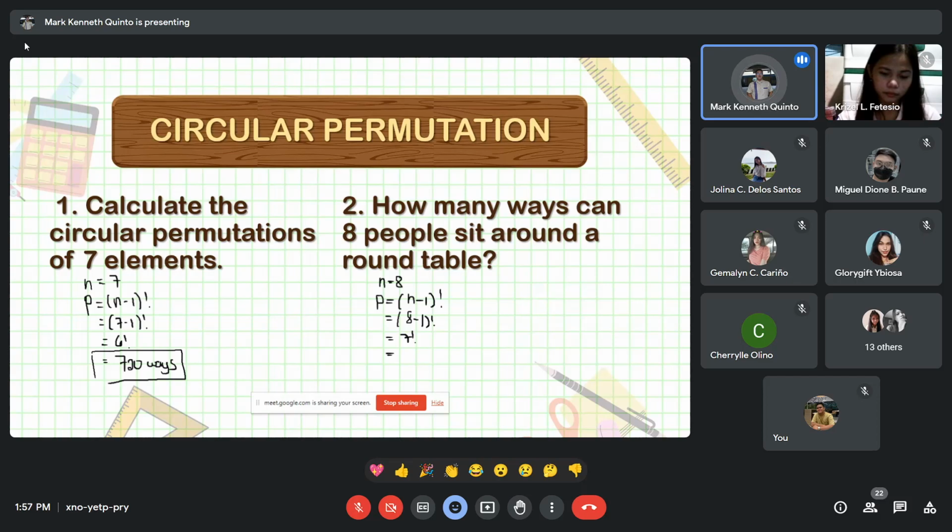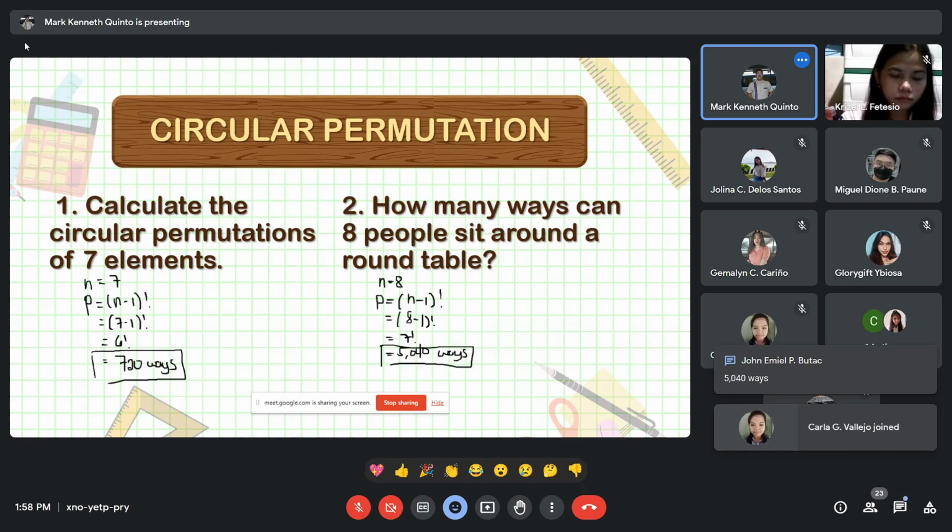Using your scientific calculator, what's the answer? We have 5,040. So we have 5,040 ways. That is the answer for our number 2.